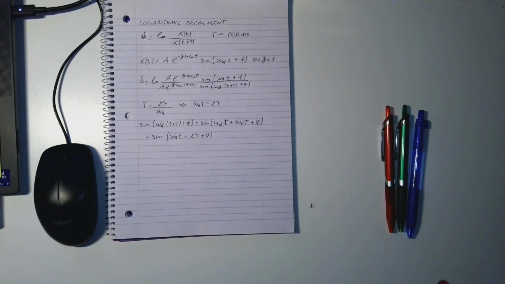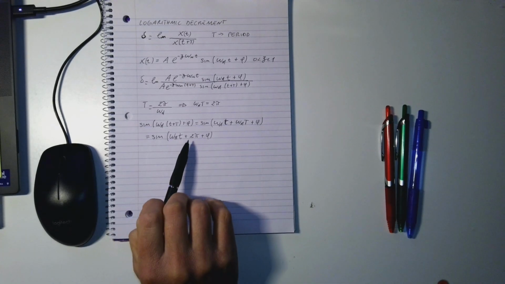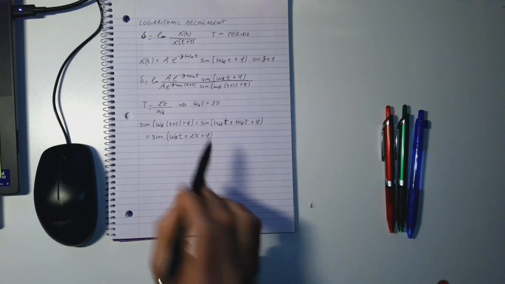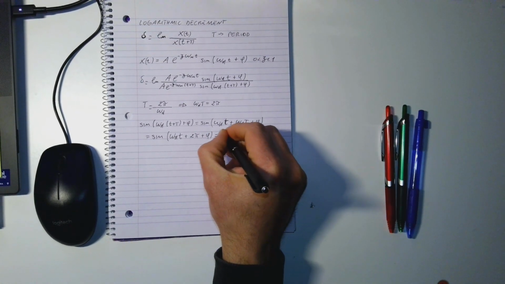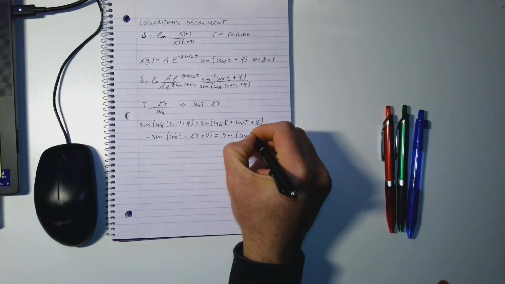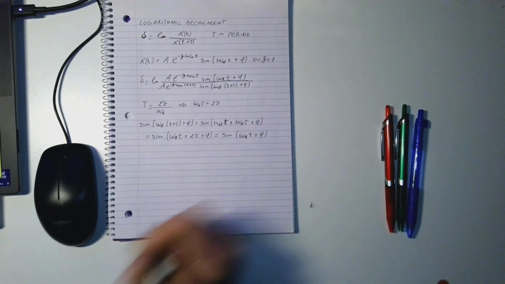We know that the sinusoidal function is repeated every 2 pi, because it's a periodic function, so it means that sine of omega d t plus 2 pi plus phi will be equal to sine of omega d t plus phi.